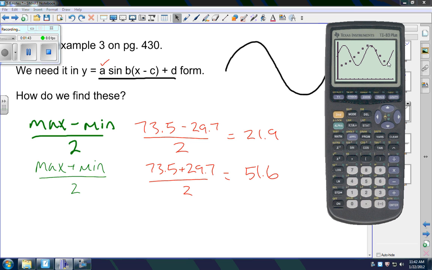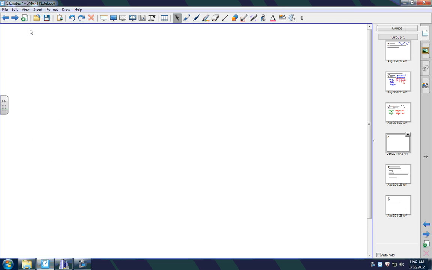Okay, so we're looking at period. Now, if we think about graphing temperatures, it took 12 months to get all the way through these things. So we say period is 2 pi over b. B is what I'm trying to find.